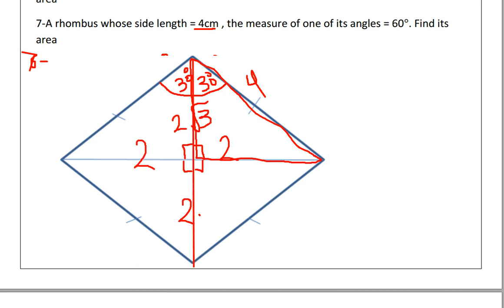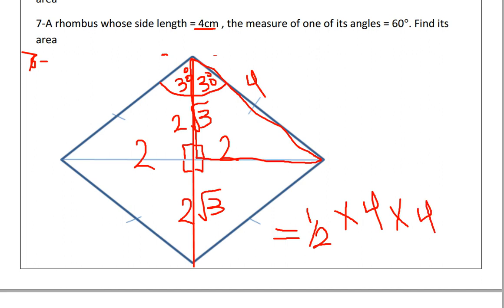Okay, so now we have the length of the 2 diagonals, so to get the area we will multiply half by diagonal 1 by diagonal 2: half by 4 by diagonal 2, which is 4√3.